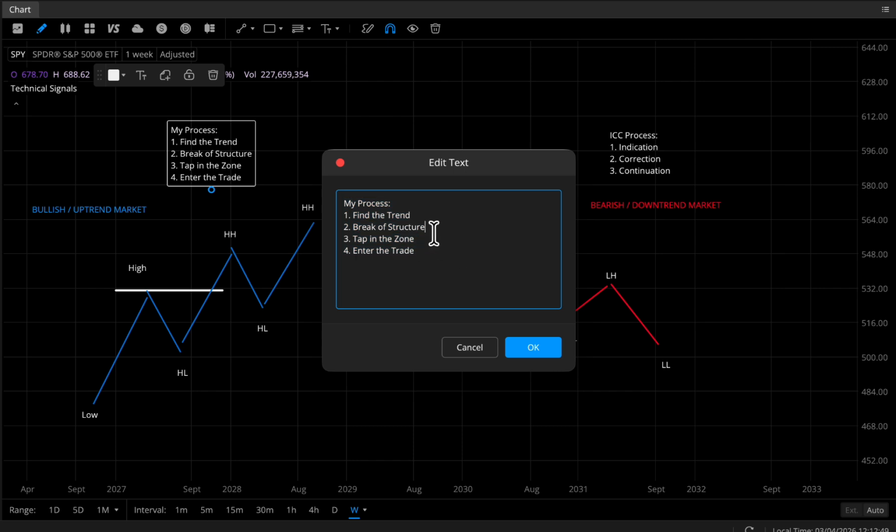Once we have the break of structure, we are looking for something called a supply zone and a demand zone. And I'm going to explain what that is.